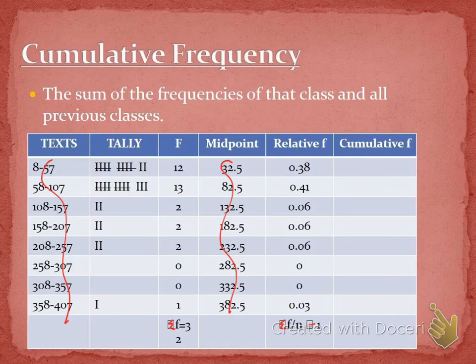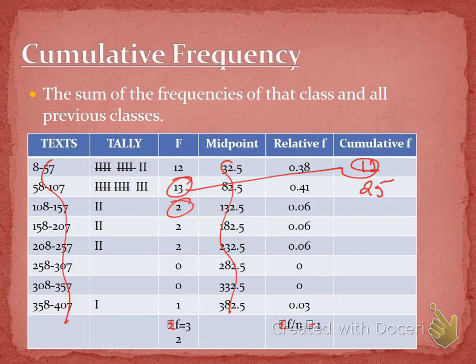Now, our cumulative frequency is a running total of how many data pieces fall in that interval or below it. So in our first interval, there are 12 data pieces that fall in it, and there's nothing below it. Now, in our next interval, we've got 13 data pieces, and I've got 12 that fall below it. So I'm going to add those and get 25.